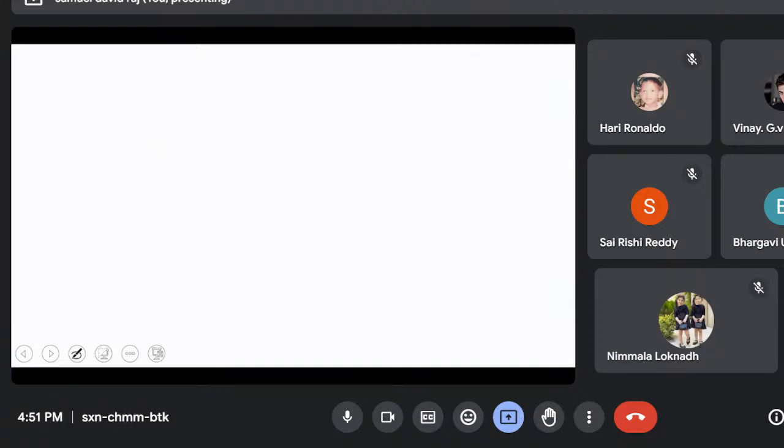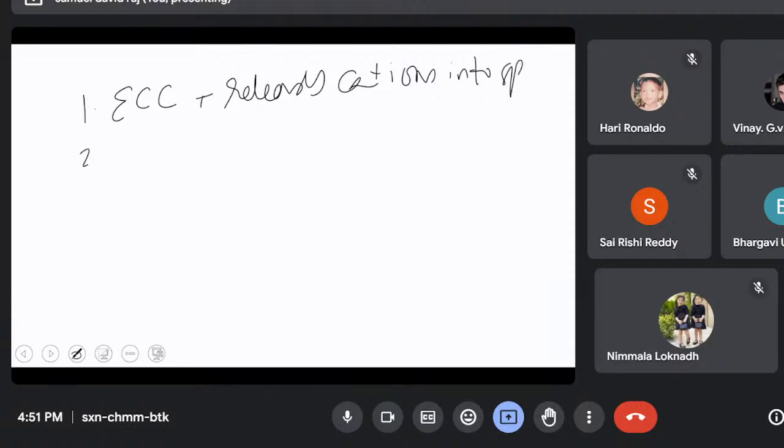Okay, so let me explain it in this way. The first thing is that excitation contraction coupling releases calcium ions into the sarcoplasm.